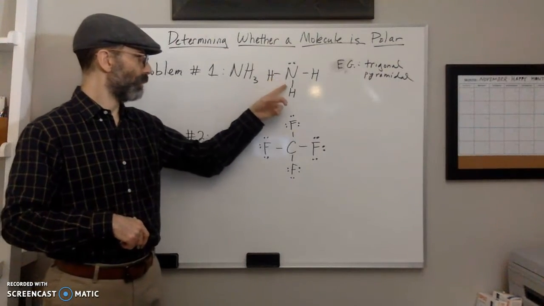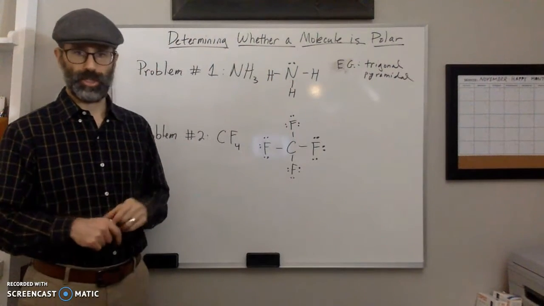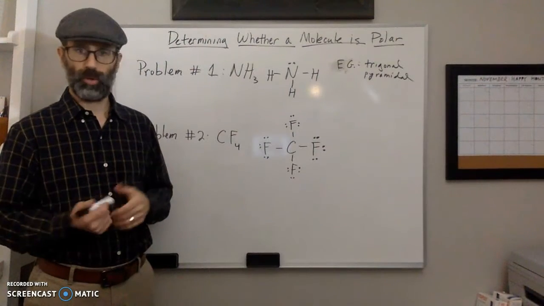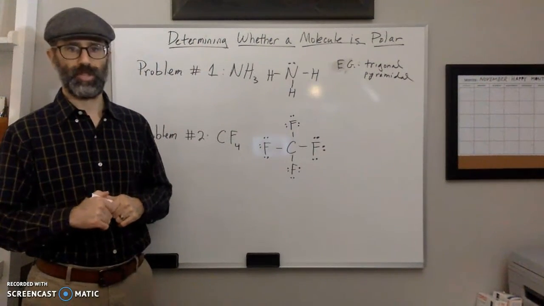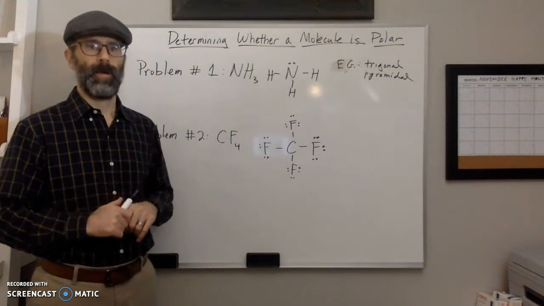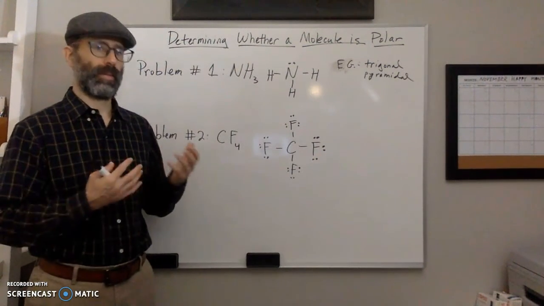So we have polar bonds here, so that's good. If there are no polar bonds in your molecule, then there's no polarity in the whole molecule. So that's the first thing. If there's polarity in the bonds, it could be polar, but maybe not.